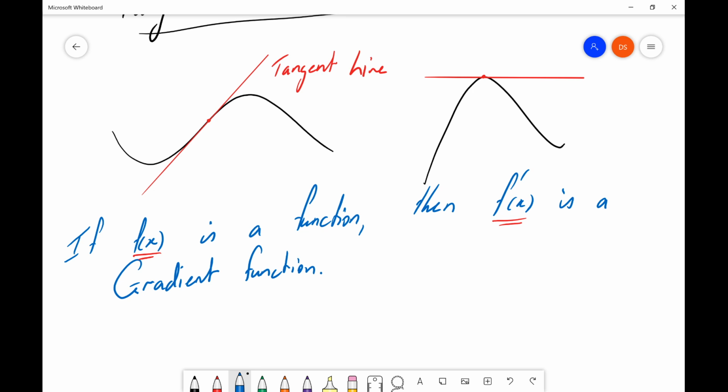And so if I use this gradient and find an equation of a line, then we can get a tangent line. A tangent line is a line that goes through that point and has the same gradient.